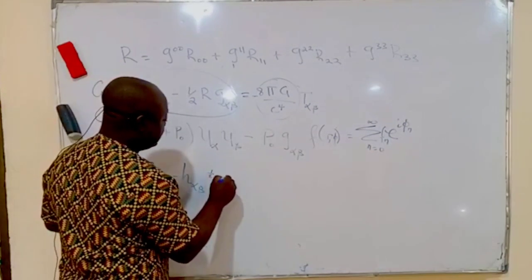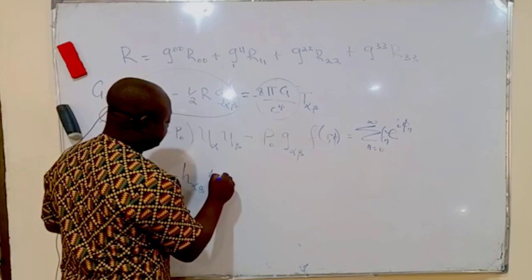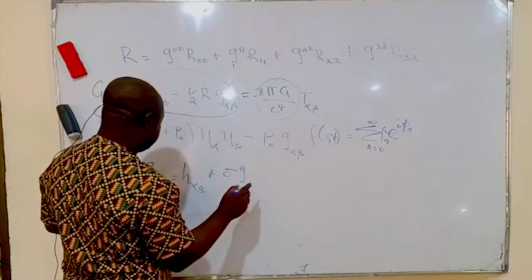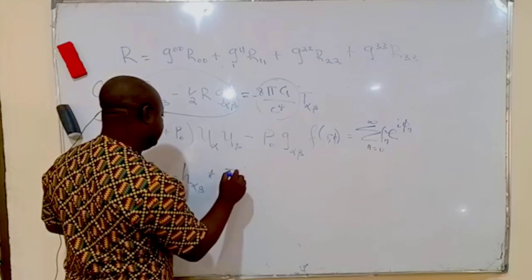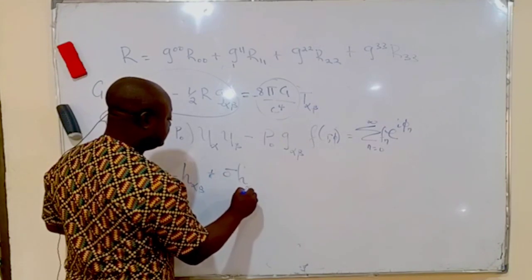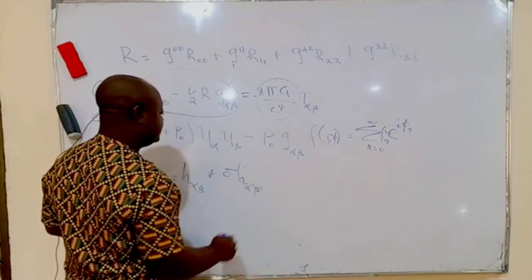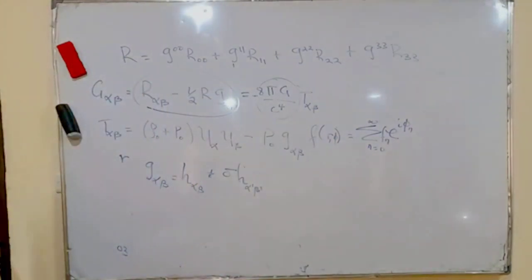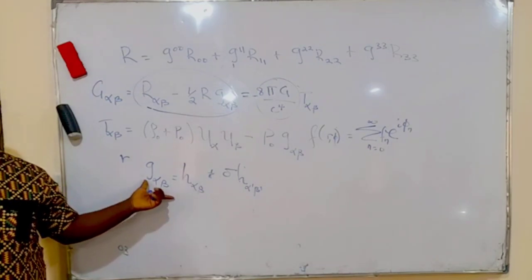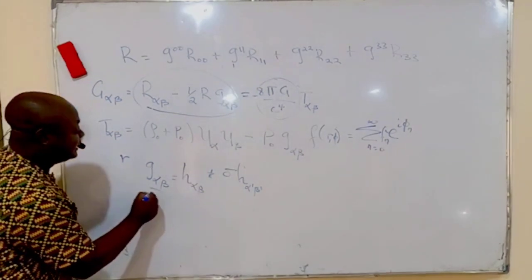Okay, you add a small perturbation. So this is another approach. So you express your metric tensor.